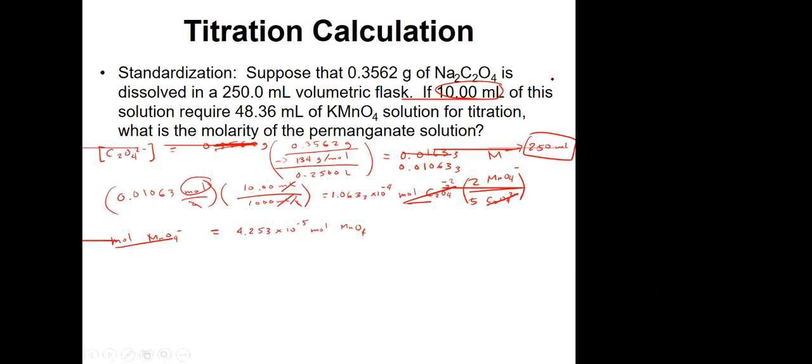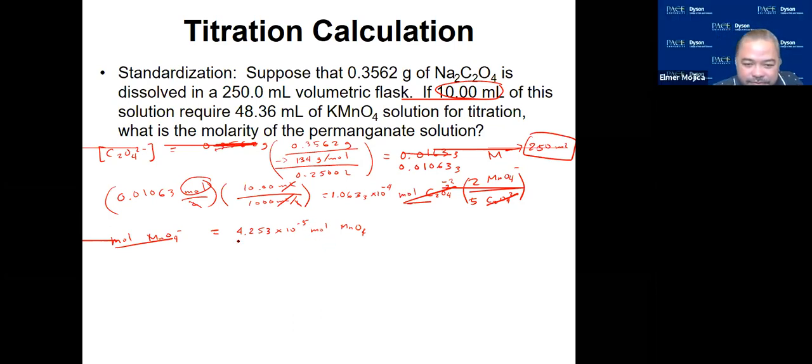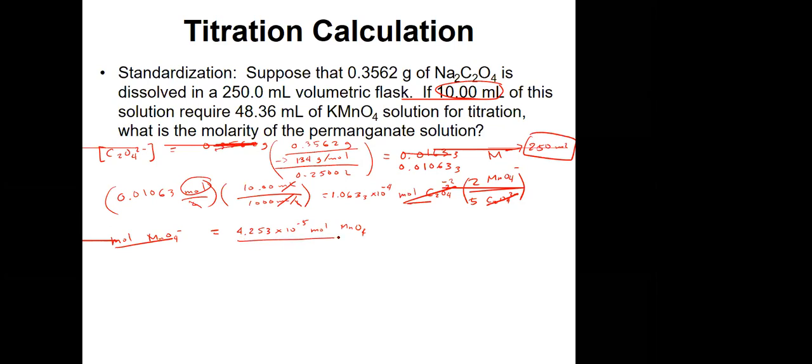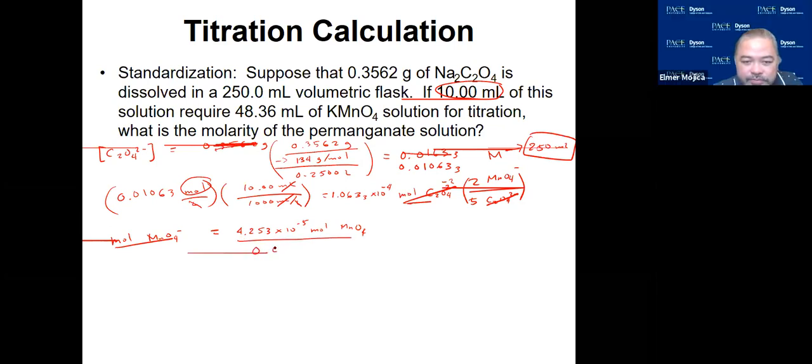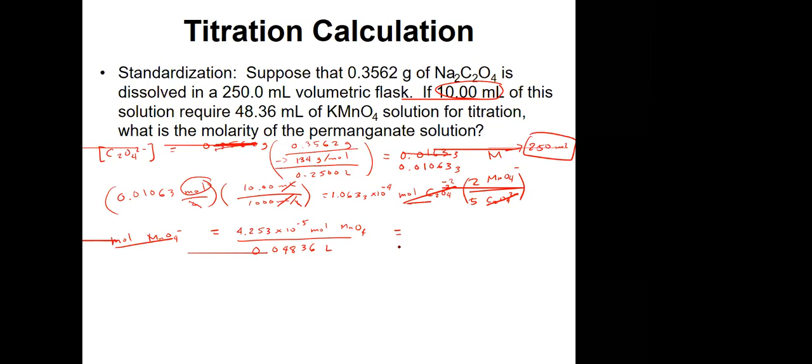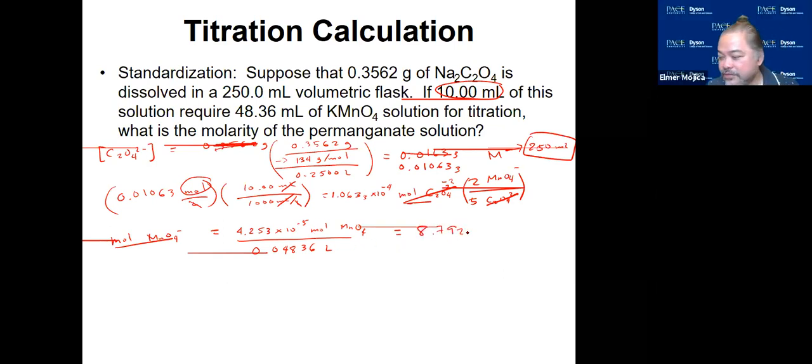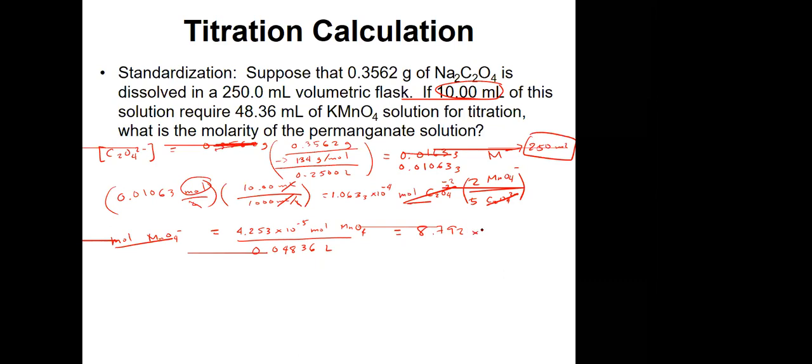You take the 48.36 milliliters, turn it into liters, and then divide the moles by it. So what's the final answer that you will get here? 8.792 times 10 to the negative 4.